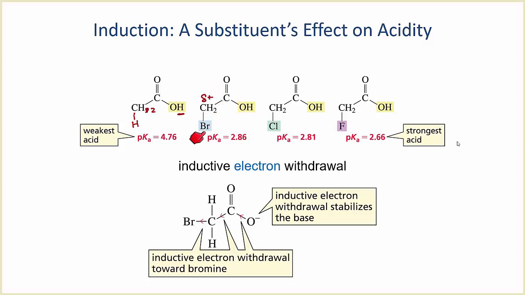Now, bromine is less electronegative than chlorine, and you'll notice that the pKa is 2.81, and fluorine is more electronegative than all of these, and so the pKa is 2.66. So the more electronegative the atom that's attached to the acidic functional group, so it's not necessarily right on it, the stronger the acid becomes because of this inductive spreading out of the charge that's created when the proton leaves.